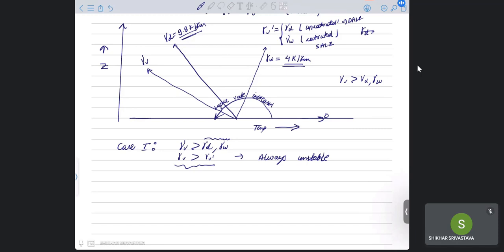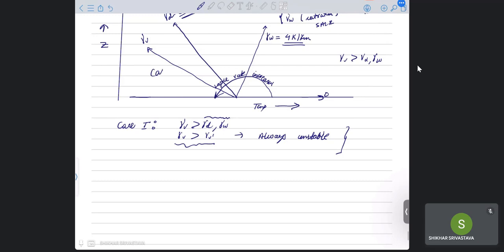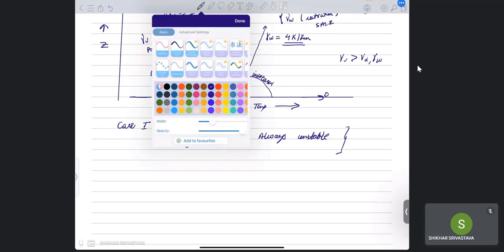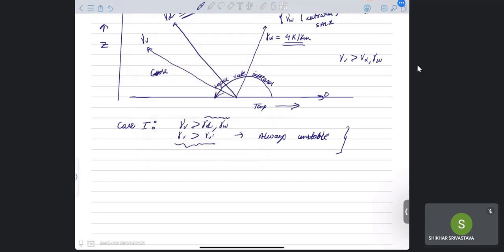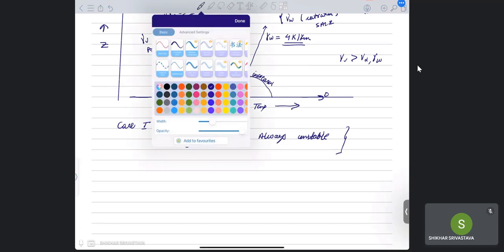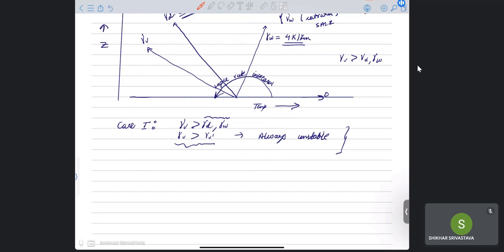If it rises, it will keep rising. If it sinks, it will keep sinking. So that is always unstable. This is case 1.